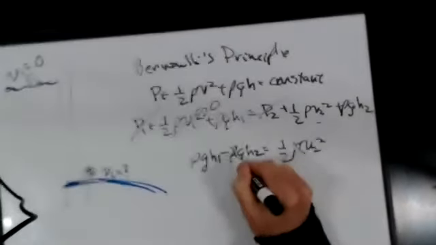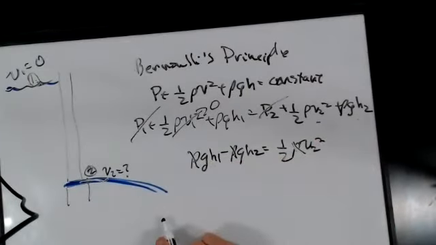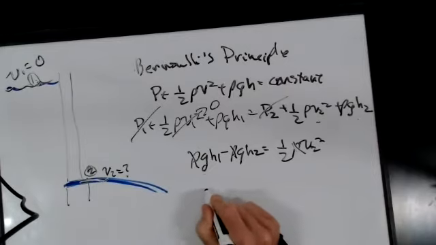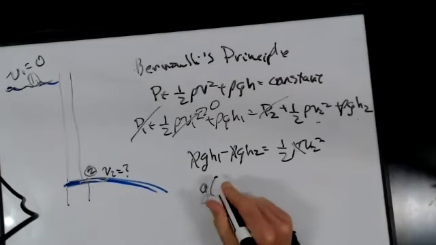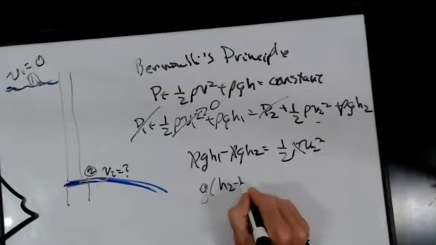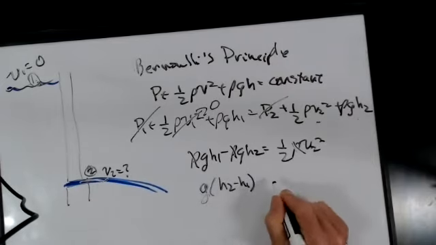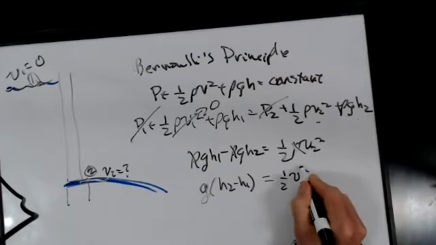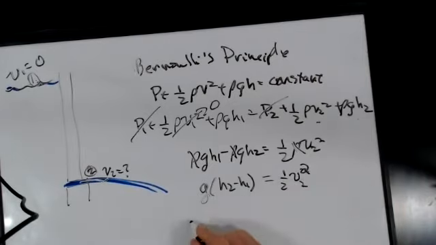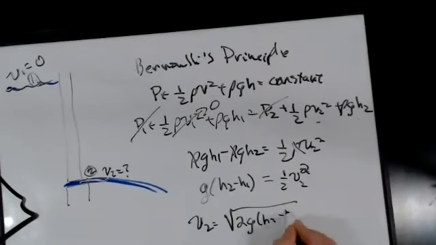Everybody's got a rho, and so I can cancel all the rhos. And this just becomes G times H2 minus H1 is equal to 1/2 V2 squared. And so V2 is equal to the square root of 2G times H2 minus H1.